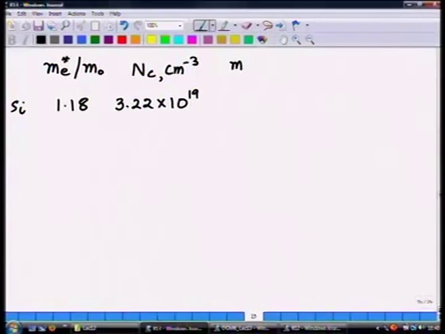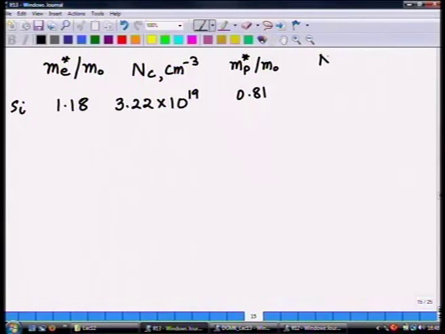And if I look at the whole effective mass for silicon, then that is 0.81 only. That means the hole behaves lighter in silicon than does the electron. If I calculate Nv in units of per centimeter cube, then this number is 1.83 into 10 to the power 19. What do you see?